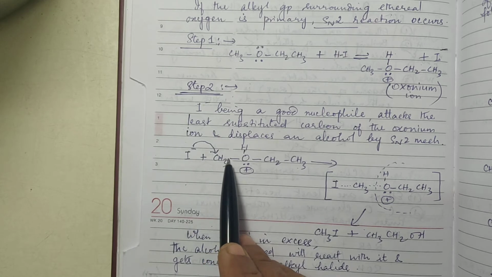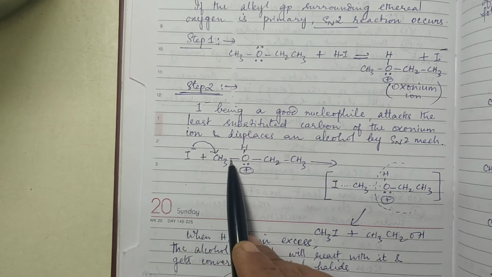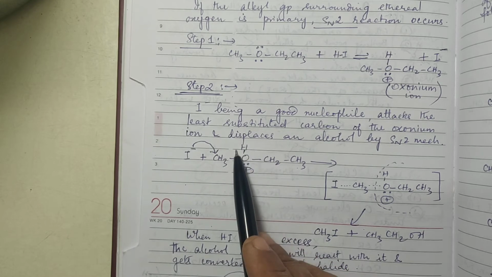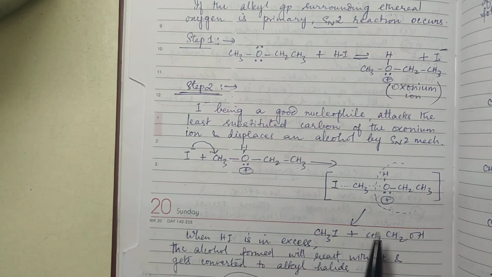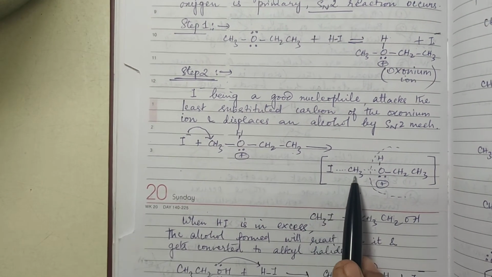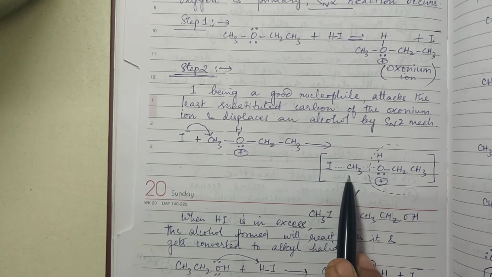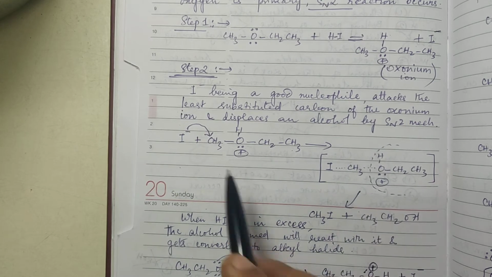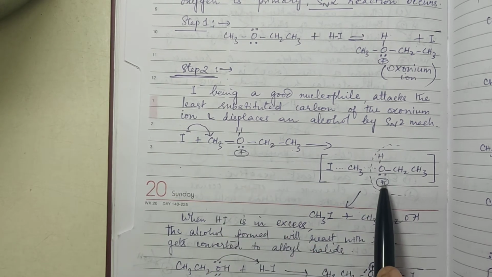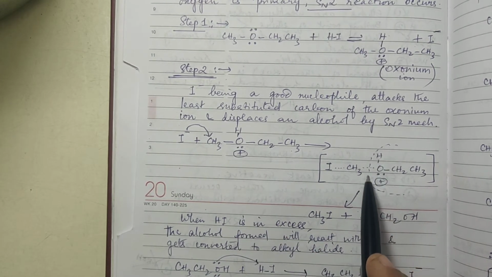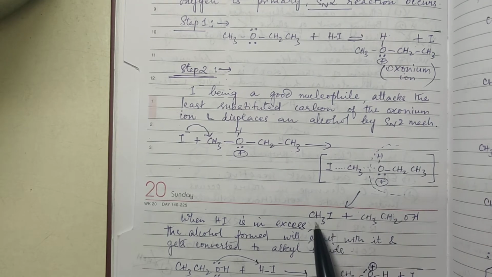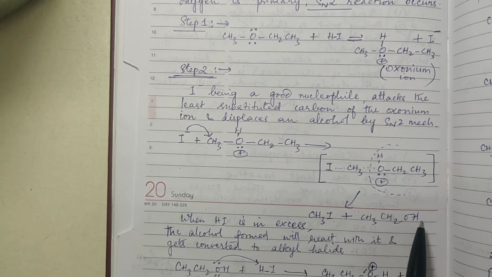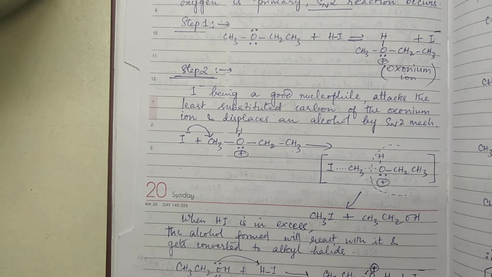That means it would want to go as CH3I and leave behind this alcohol. So this I minus is attaching itself to CH3, and now this C-O bond cleavage is taking place. Now this will leave as alcohol. So you will get CH3I and CH3CH2OH.